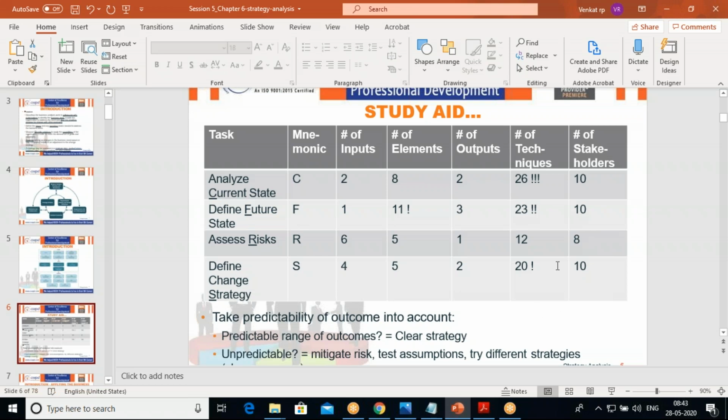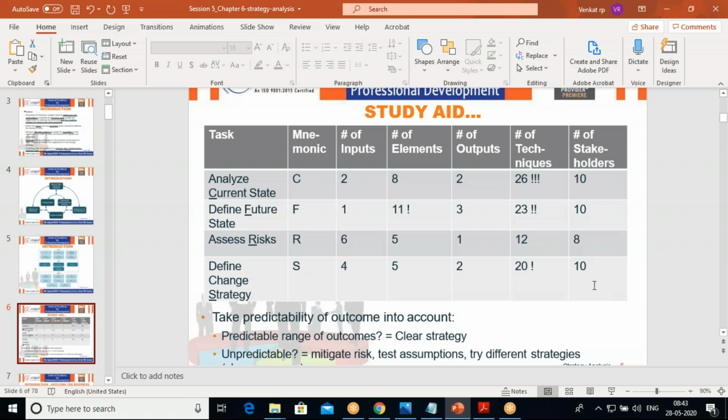And define change strategy, we will be using 20 techniques, and 10 stakeholders are there. That means a majority of the techniques are used here, and almost all stakeholders are involved here. In strategy analysis, we have to consider all the stakeholders, and almost all techniques are used. Please understand it.